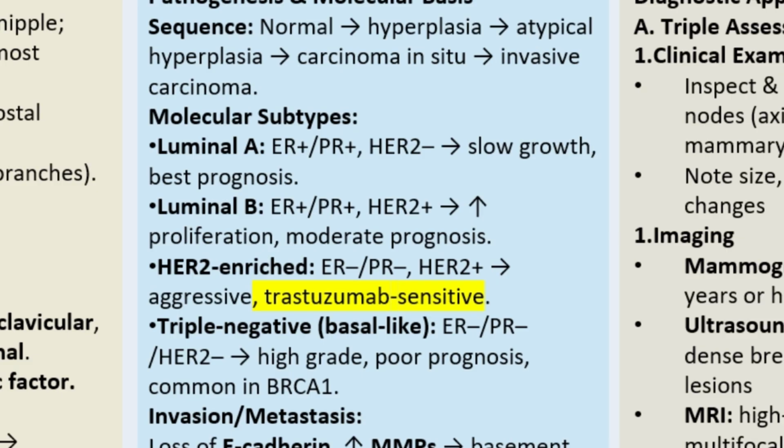Then we have the triple negative breast cancer, and this is the worst form of breast cancer. It is associated with the BRCA1 gene, which is also seen to be the one involved in men's breast cancer. So it is a high-grade cancer, it has a poor prognosis, and it is commonest in the BRCA1 people.